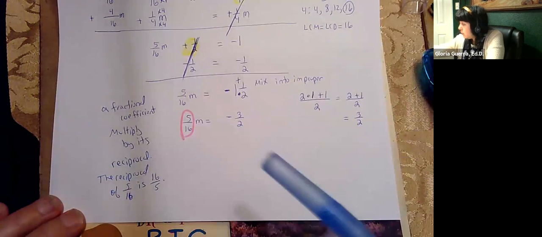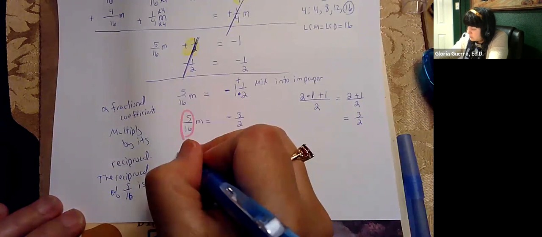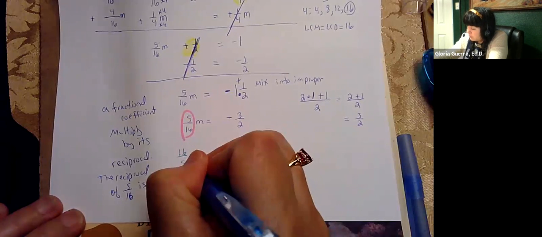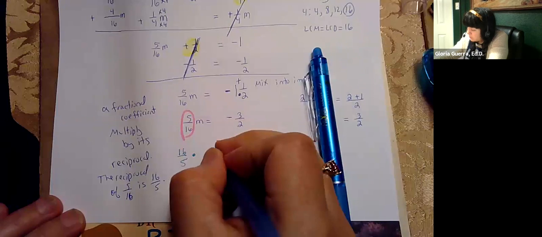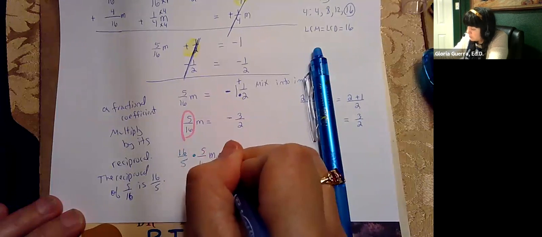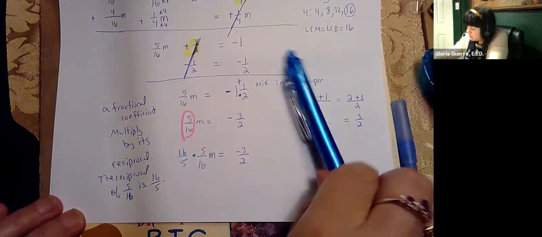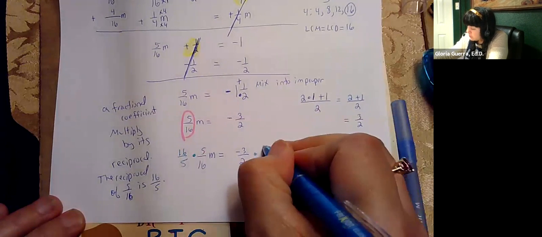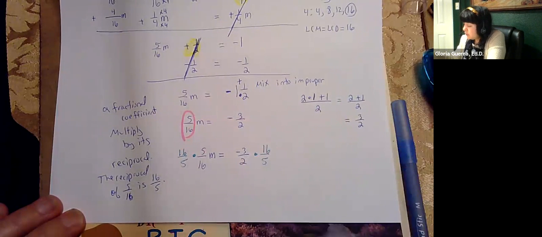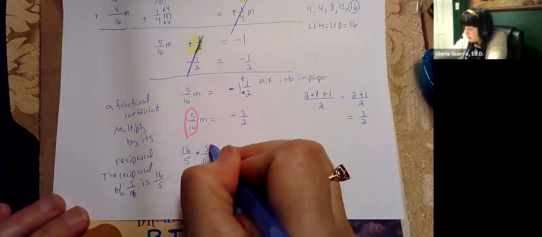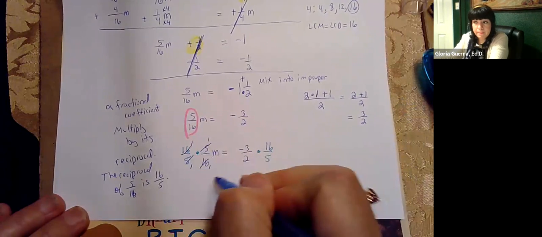So if I change my ink a little bit, 16/5 times 5/16 equals -3/2 times 16. So see, basically these just divide out, right? And that just gives you n.